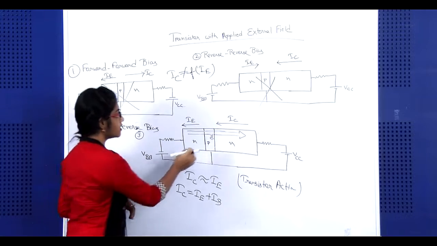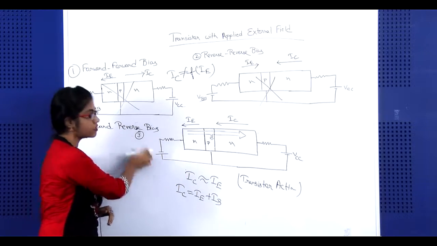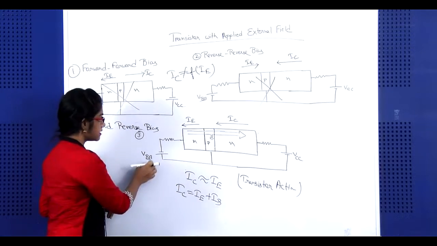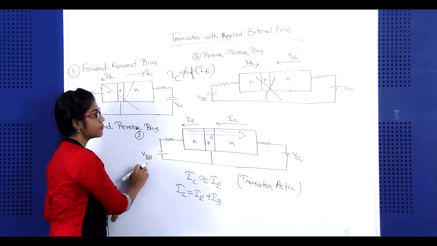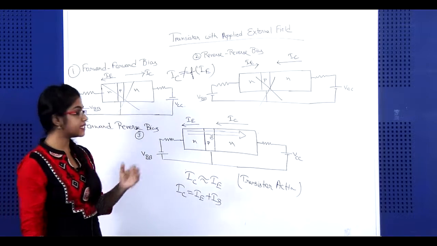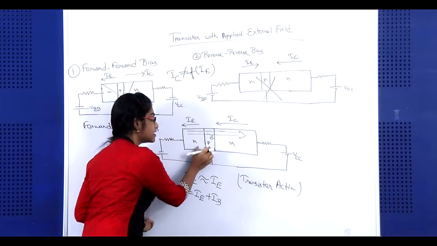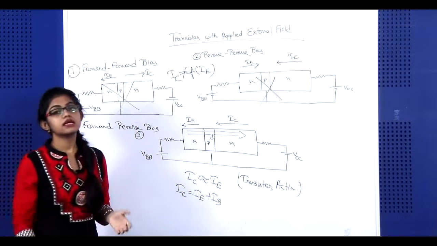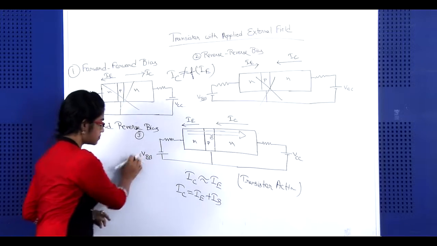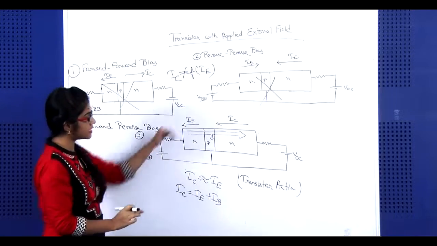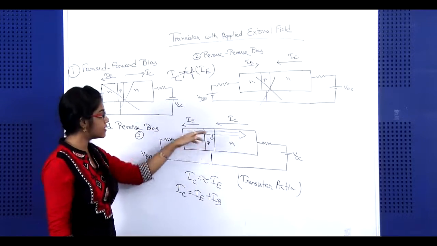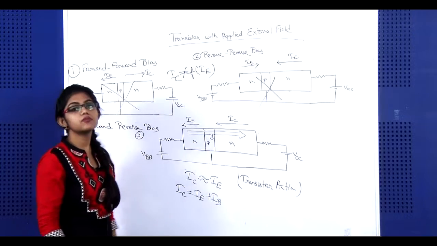Whenever we give the external supply voltage VBB, and this VBB overcomes the internal built-in potential of this p-n junction diode, then there will be no barrier.